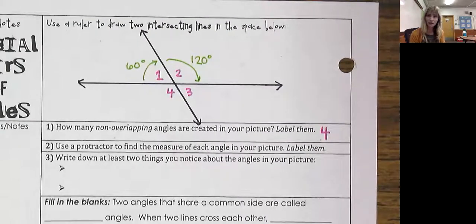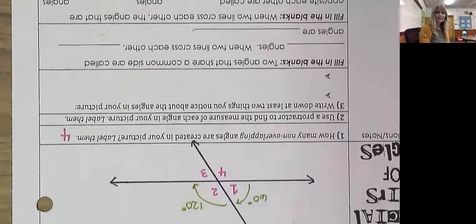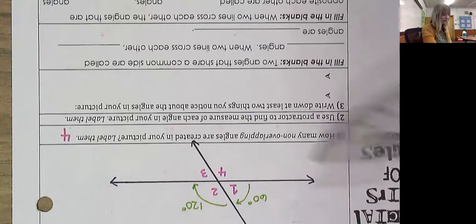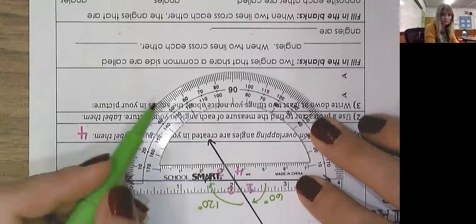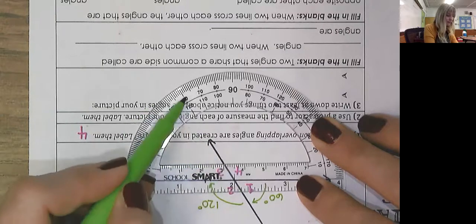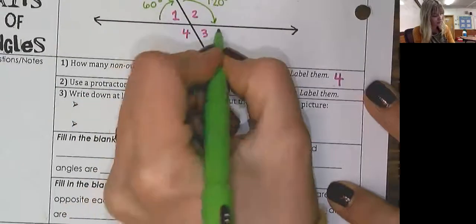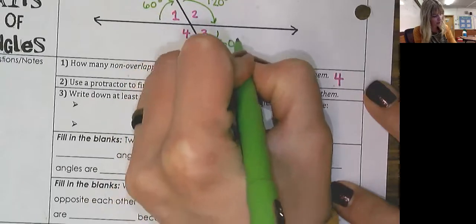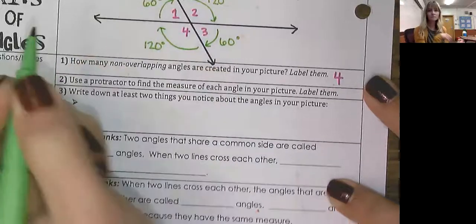Now if I flip this over so that I can measure 3 and 4, can you see how the exact same thing is going to happen? Because it's a continuation of those lines. I can see once again that this purple arrow is pointing to the 60 and the 120. So this one is 60 degrees and this one is 120.